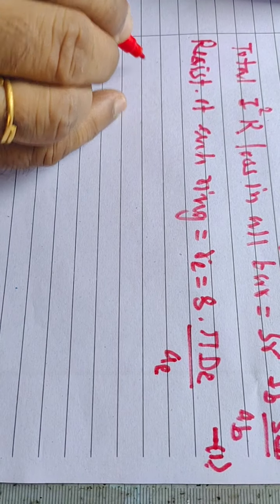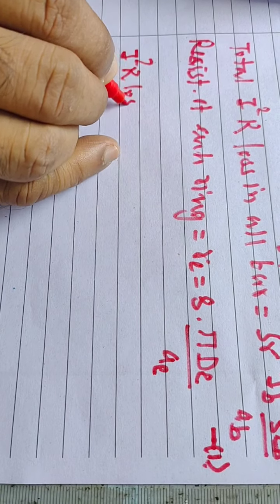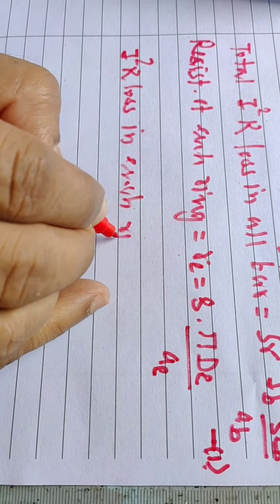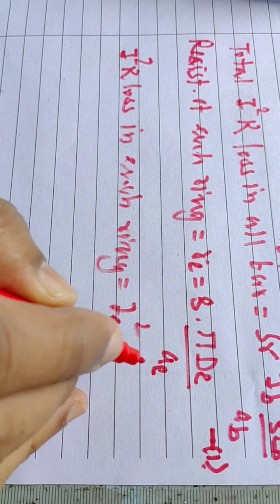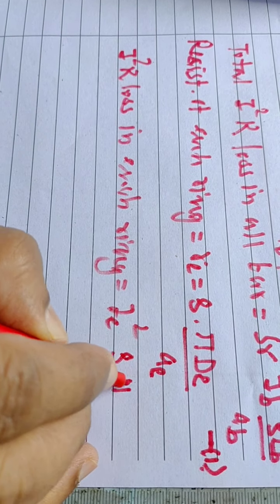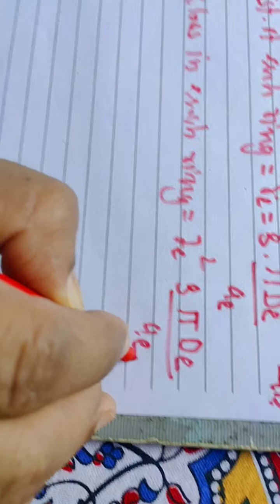The I square R loss in each ring is IE square into RE, so this is IE square rho pi DE upon AE.